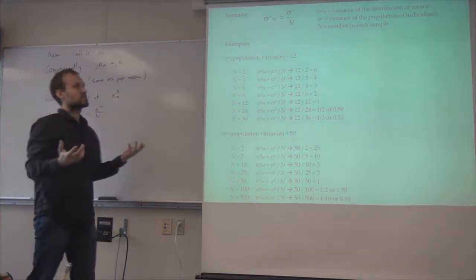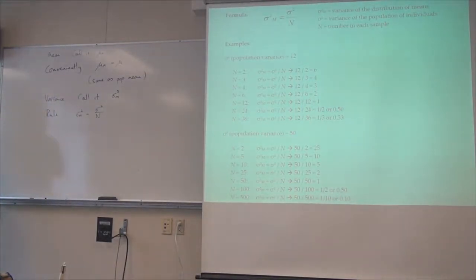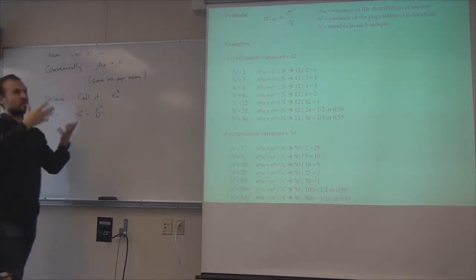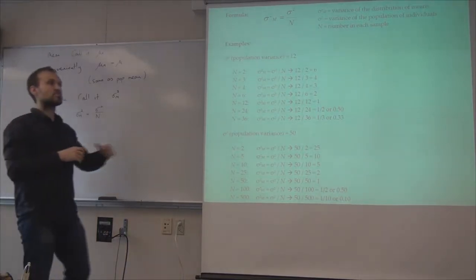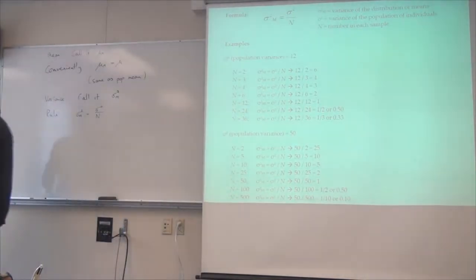Let's say the population is 100,000 people. If I take samples of 99,000 people, all possible 99,000 people, that is so representative of the whole stadium, I'm not going to see much difference between those samples. The variance is going to be extremely low. There is no real difference between them.